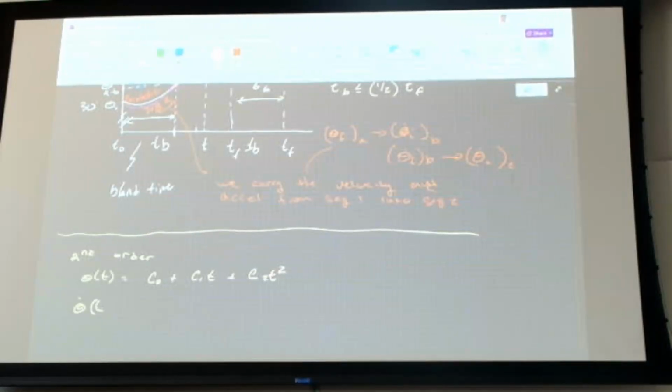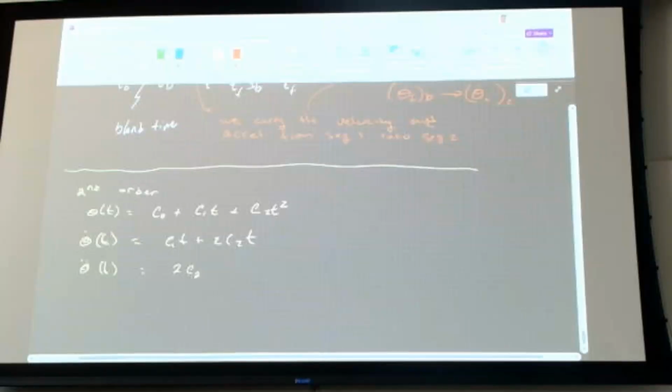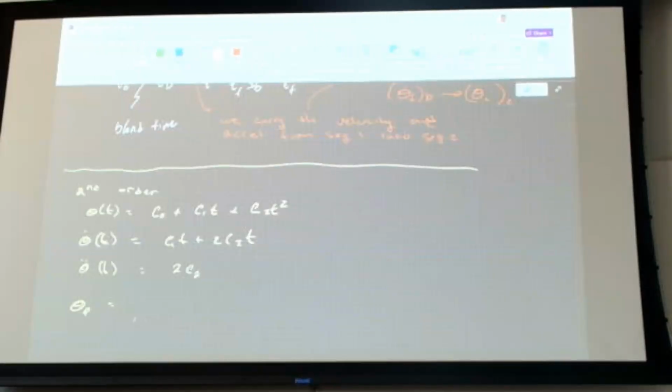And clearly theta dot of t becomes C1 plus 2 C2 t. And of course, theta double dot of t is nothing more than 2 C2. And so if we look at theta, that final position theta is going to be equal to that blend location plus some theta A minus theta initial.